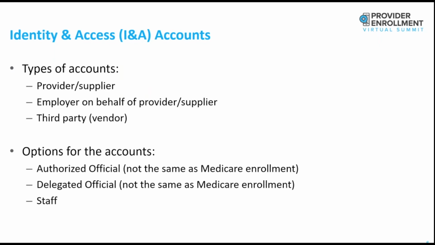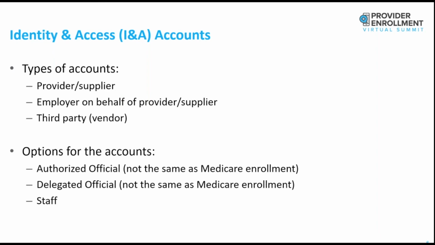That authorized official can authorize delegated officials to work on their behalf. And that delegated official would have certain responsibilities delineated by that authorized official. Then last but not least, an authorized official and a delegated official may assign staff end users.